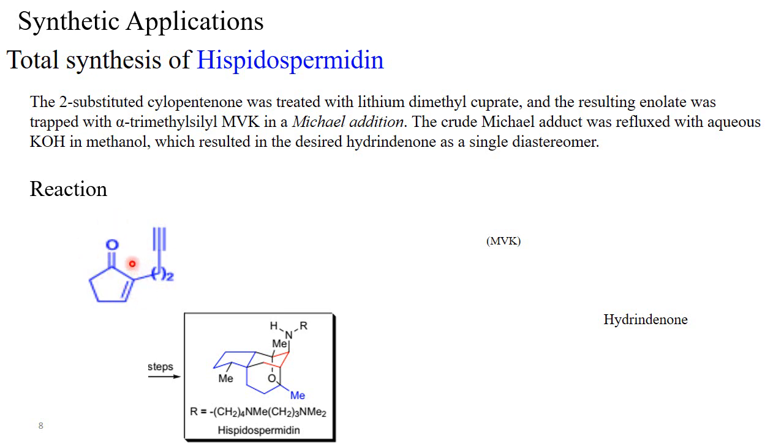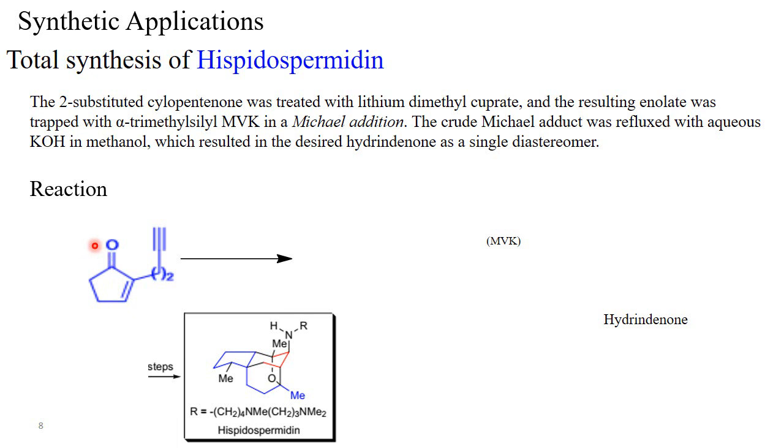The 2-substituted cyclopentanone was treated with lithium dimethyl cuprate. Lithium dimethyl cuprate is an organometallic compound. So we can say organometallic compounds are the source of providing an alkyl group as a carbanion, and the resulting enolate was trapped with alpha trimethylsilyl ketone in a Michael addition.